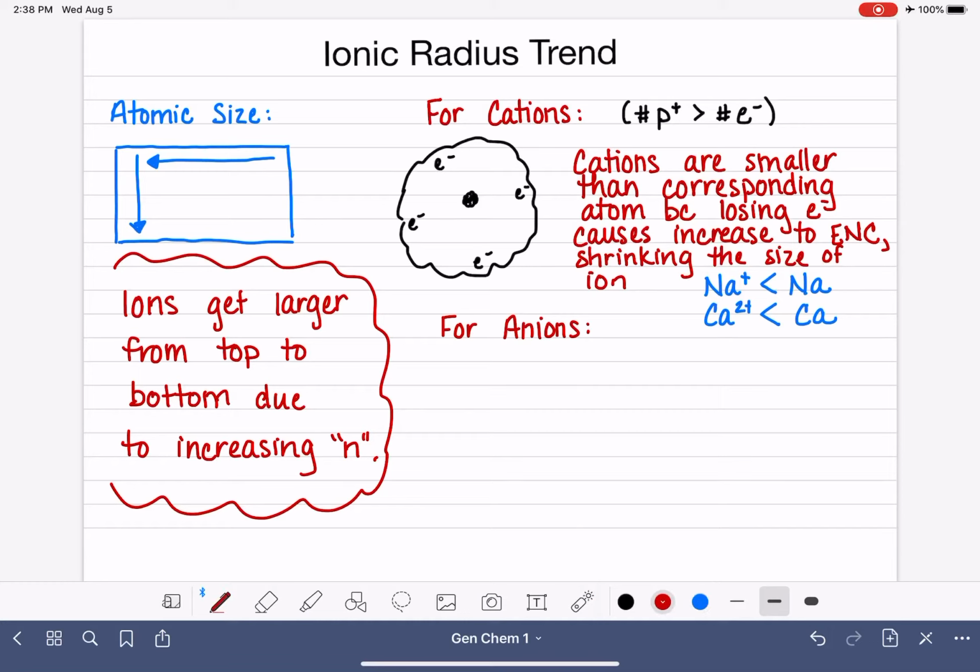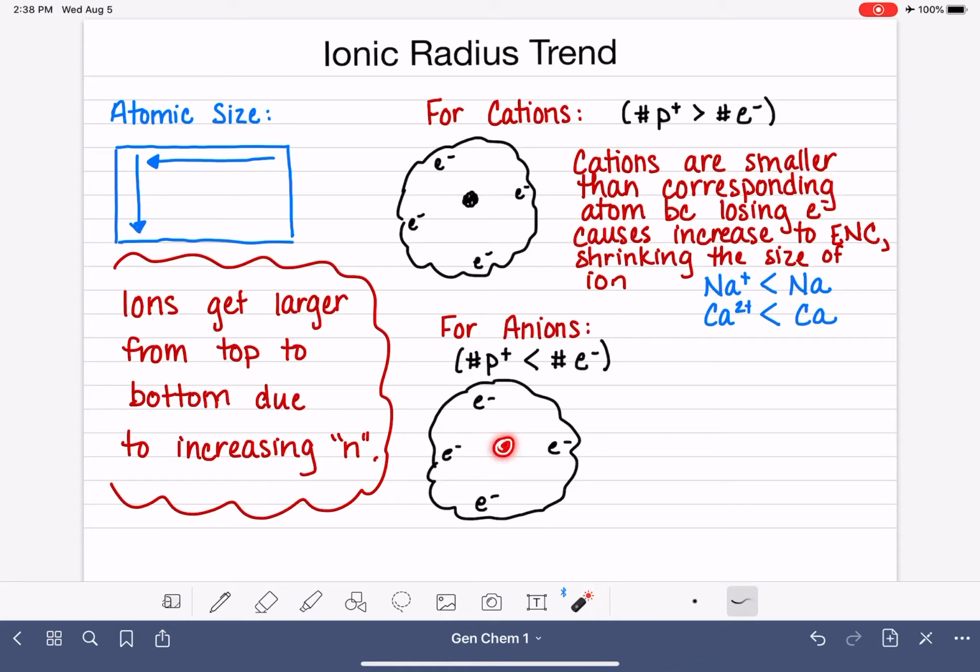Now, an anion is an atom that has gained electrons. So in an anion, we have the number of protons less than the number of electrons. So you might be able to anticipate that we're going to have basically the opposite effect here. We've got our nucleus, we've got our electron cloud out around it, and this time the electrons are outnumbering the protons in the nucleus.